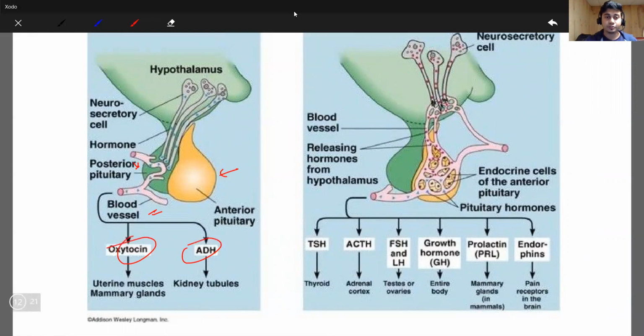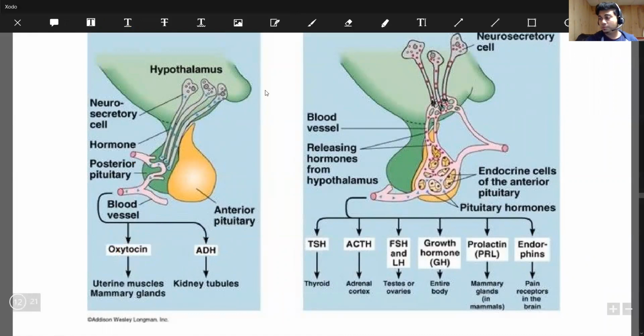It helps us get milk from our mother. Now, ADH, also called vasopressin, has two major actions. One is vasopressin, that means it presses the vessel, squeezes the vessel. Also, it is an antidiuretic hormone, that is, it stops or inhibits diuresis.